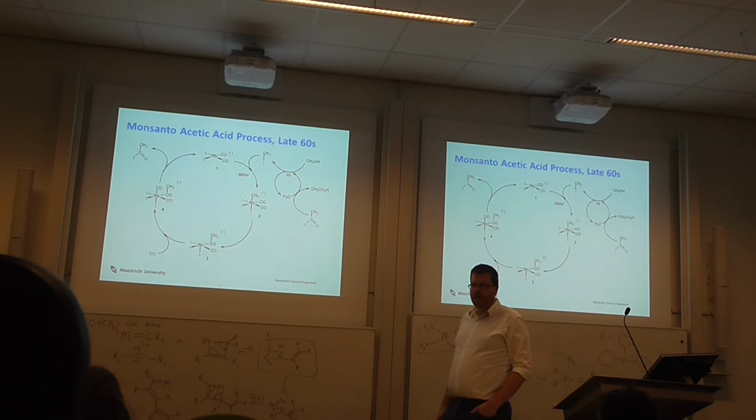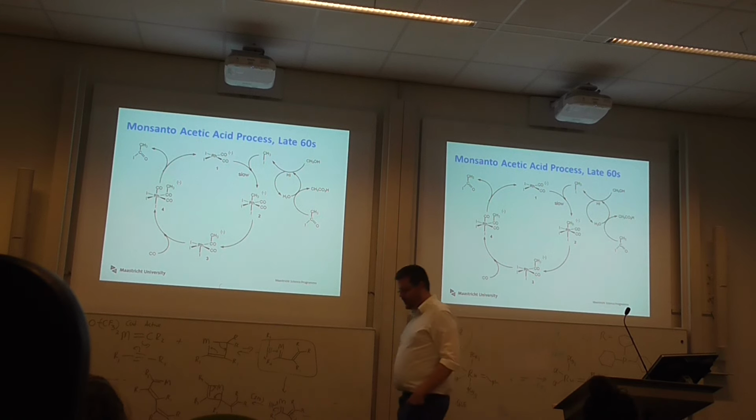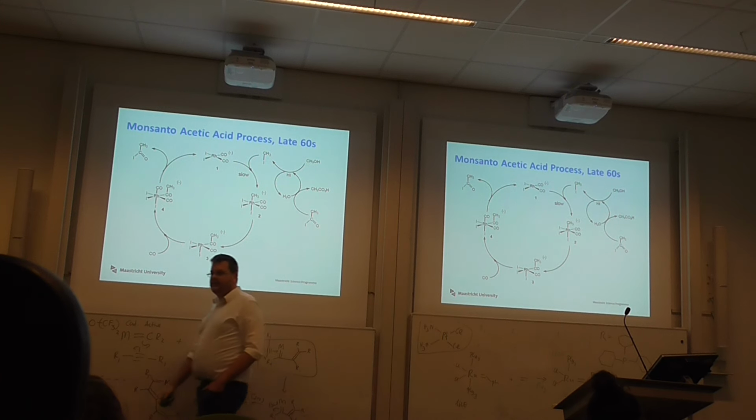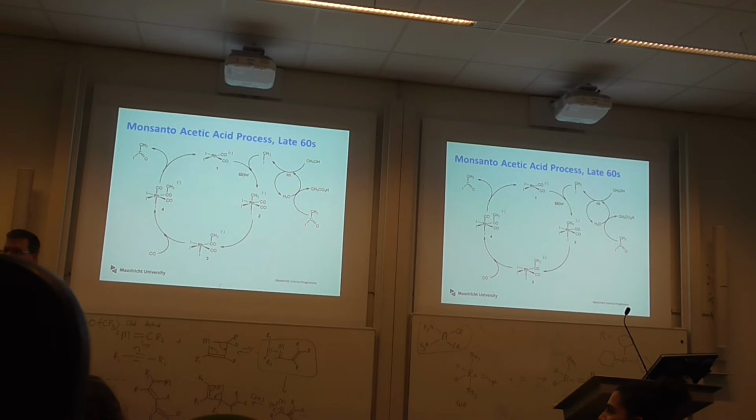Plus 1. The whole thing is negatively charged. Iodide is minus, so it's plus 1. How many valence electrons does that have? Rhodium is group 9, it's rhodium(I). So how many valence electrons? 16. It's like Vaska's complex.